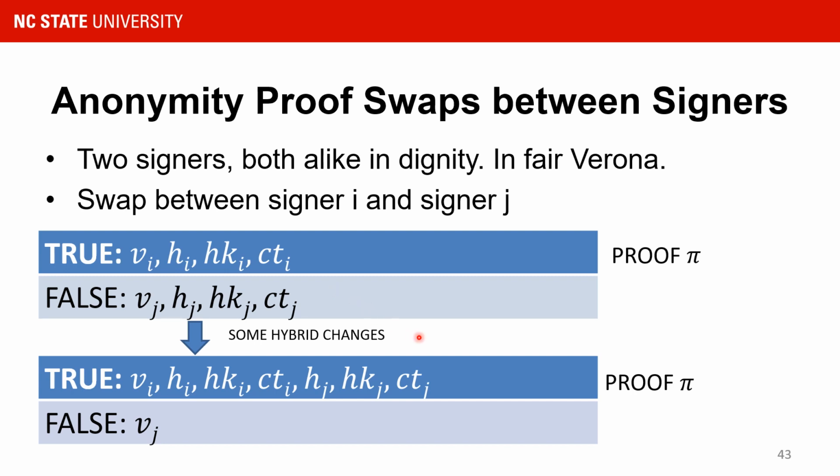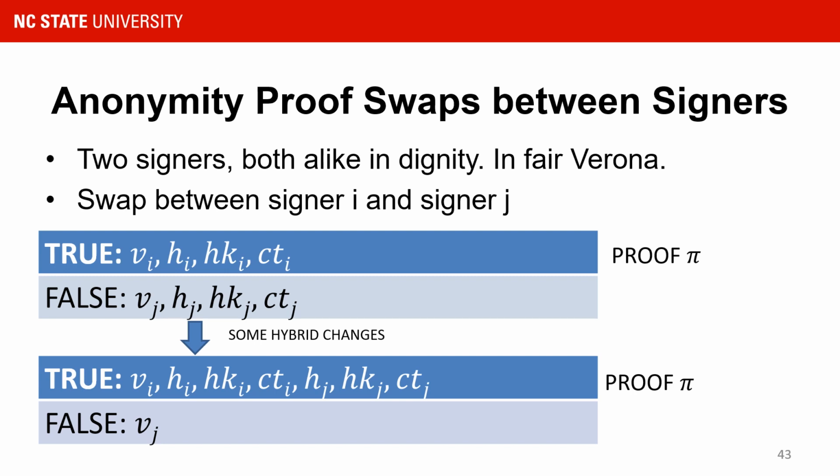We're going to do some hybrid changes, and now I've eventually gotten to this point where everything is true except for the value VJ, which is still picked randomly. So I'm doing a bunch of hybrid steps, and now I want to finally take that VJ and make it also true, and then swap everything back for signer I so that it's truly a signature from signer J.